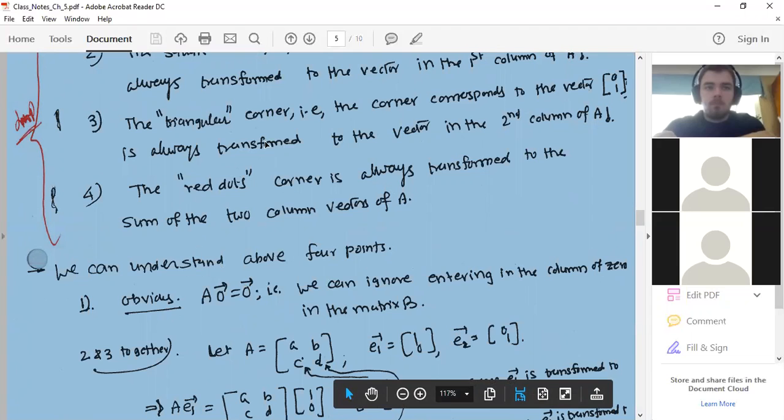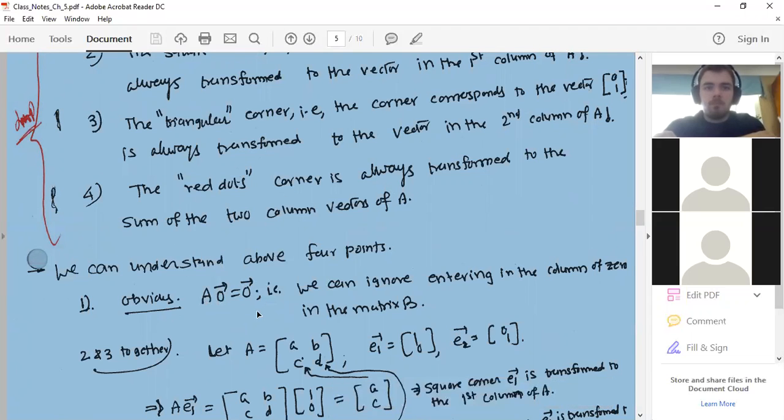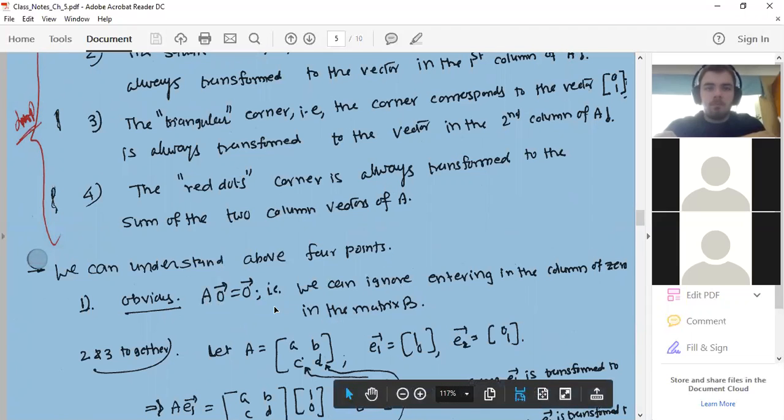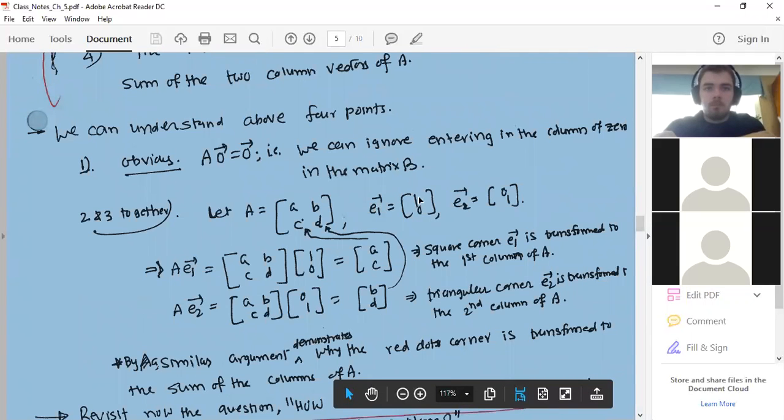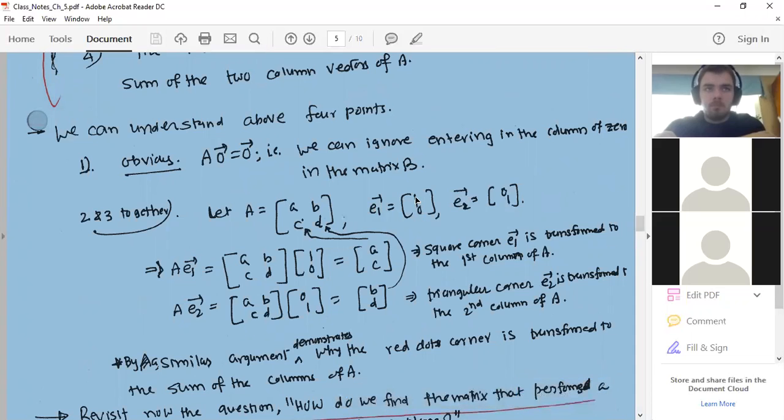We can understand these four parts by taking some matrix A like this. A multiplied by 0 is 0, so you always get the null vector. Second and third together. Suppose A is [A, B; C, D]. Let E1 be (1, 0) and E2 be (0, 1). E1 is the first vector of my unit square, and E2 is the second vector of the unit square.